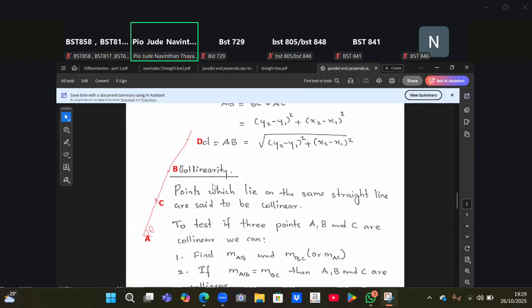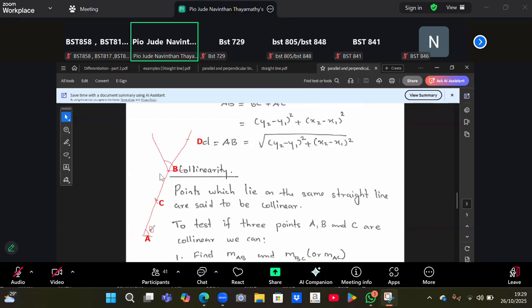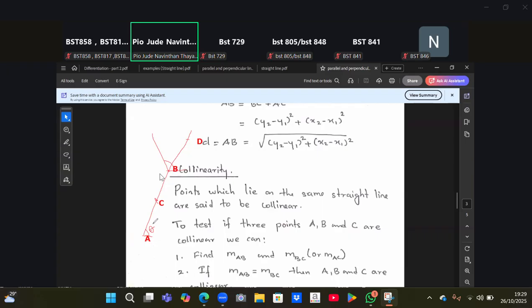Here, only one difference. You can't say that same theta, right? Can you say this theta and this theta are the same? No, no. Only if this one is theta, this one must be theta. Only one chance.